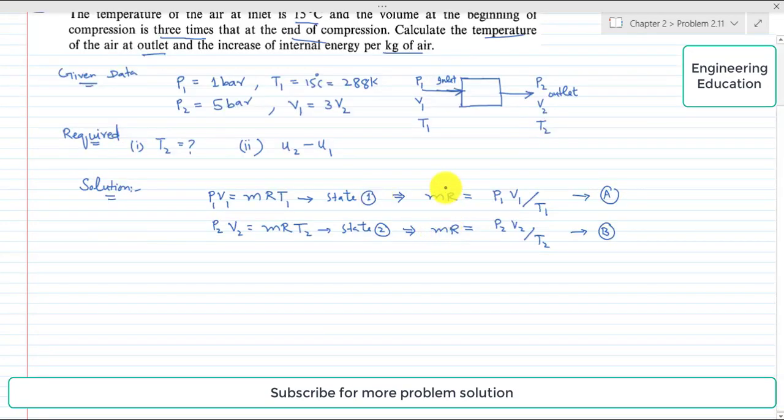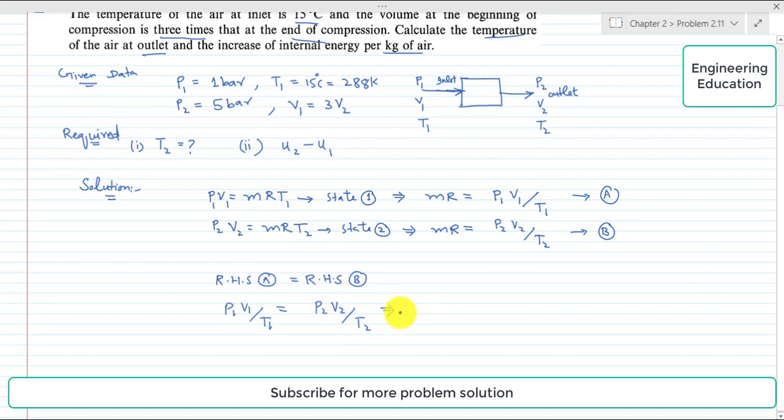As we see that the left hand side of expression A and the left hand side of expression B are the same, we can write that the right hand side of A will be equal to the right hand side of B. So we can write that P1 V1 over T1 is equal to P2 V2 over T2.